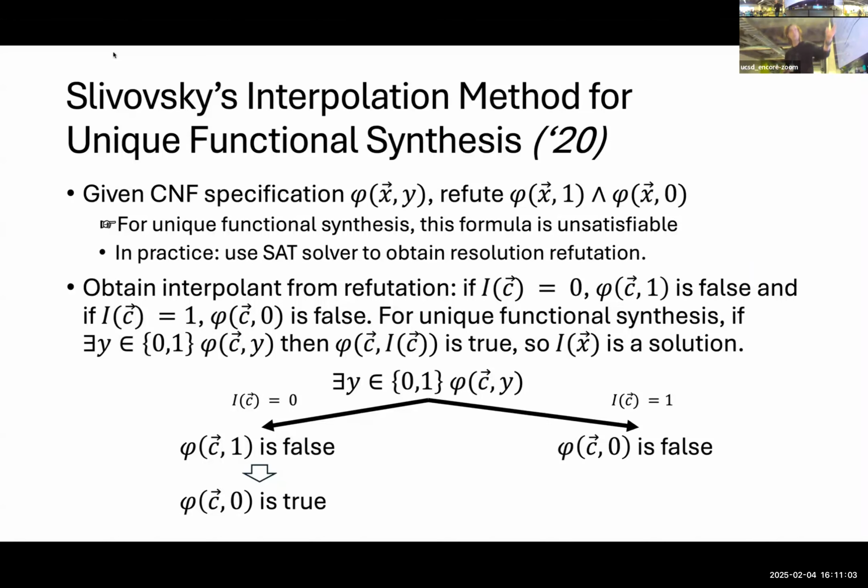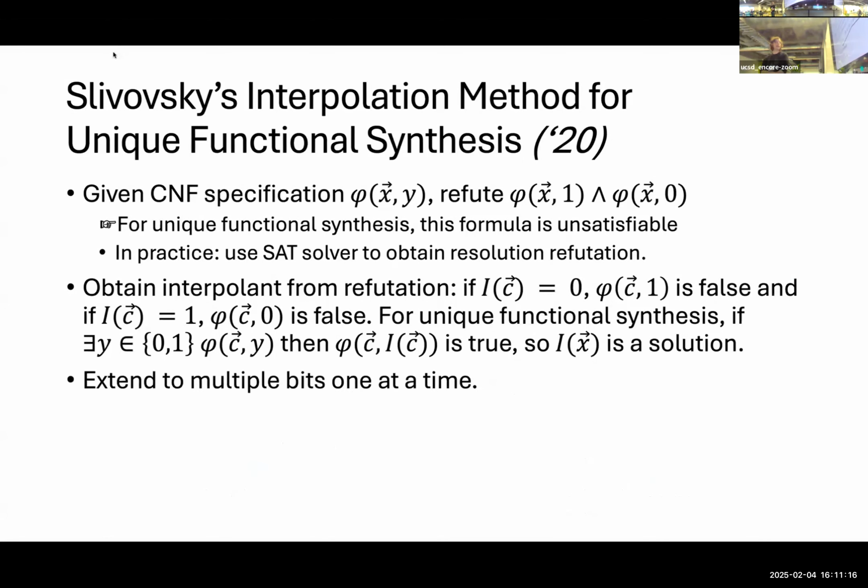And ditto, when my interpolant function says 1, that's also satisfied. So the interpolant in this case is a Skolem function. It solves the synthesis problem. Okay. And you can extend this to multiple bit functions by finding these Skolem functions one bit at a time. All right. Well, so here's a method that's solving unique functional synthesis for me.